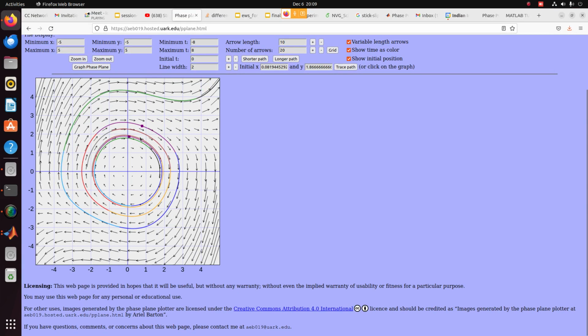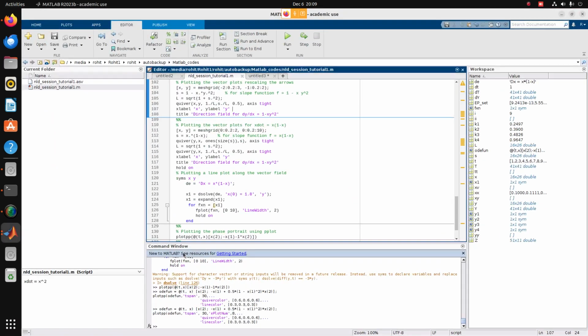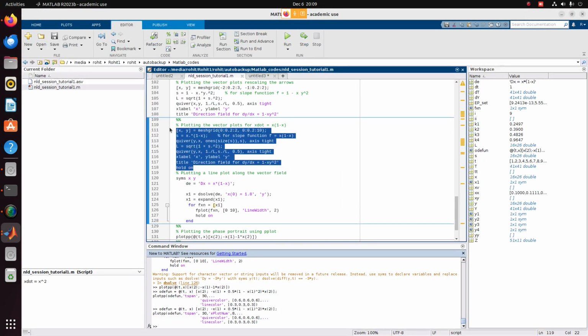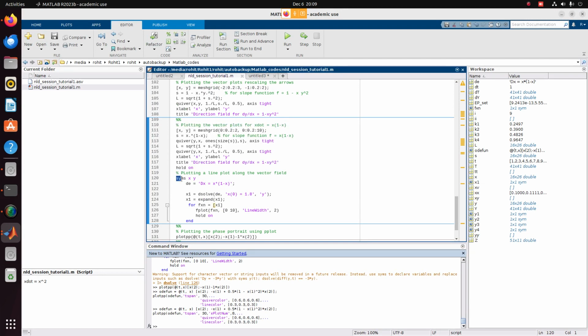So how they introduced this into the code is, for plotting a line, this is the normal quiver plot which you have. Upon that they mention, sim refers to symbols in MATLAB, so we refer symbols x and y for the equation, and then you find the derivative of it, that is dx is equal to, say, x into 1 minus x is the derivative which we take here.